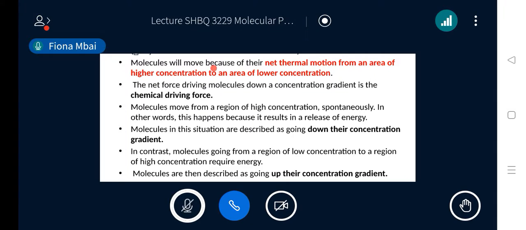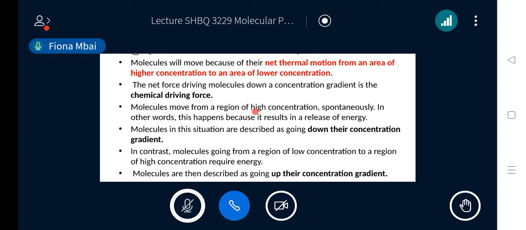So molecules will move because of their net thermal motion from an area of higher concentration to an area of lower concentration. This is nothing new to you because I think you did it in high school in osmosis. So the net force which drives molecules down concentration gradient is called the chemical driving force.